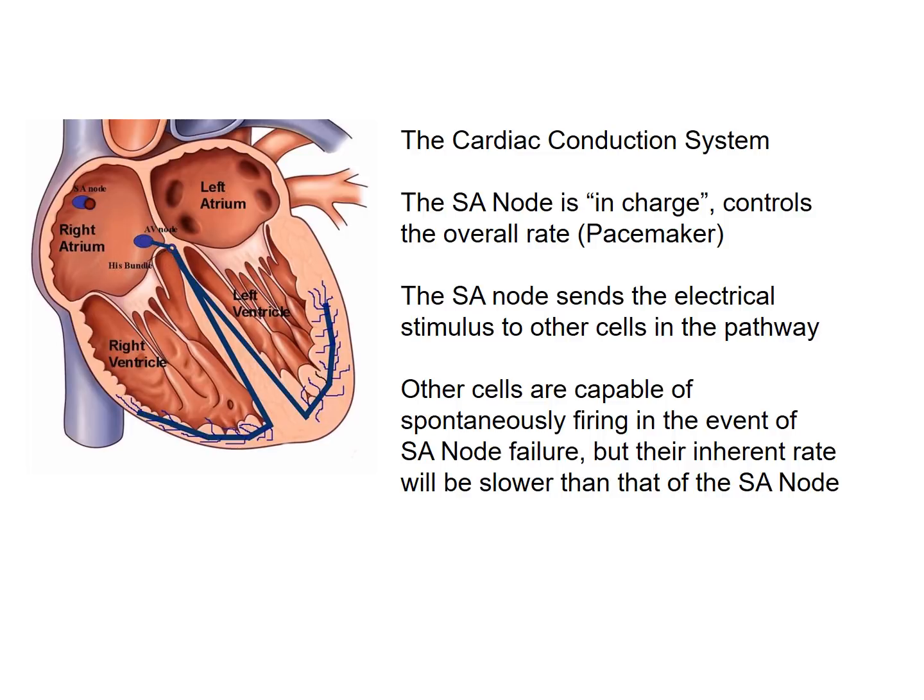If the SA node fails, remember that the AV node can take over, and if the AV node fails, we can also generate some cardiac rhythm through the bundles and within the myocardium itself.